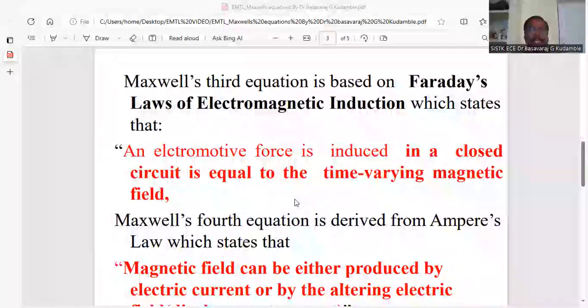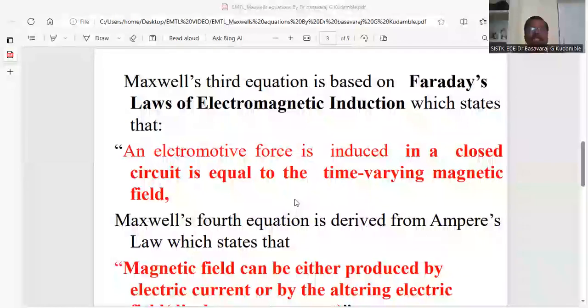Faraday said in the other way: if current can produce a magnetic field, why not magnetic fields produce a current? After conducting many experiments, he came to the conclusion that magnetic fields can produce a current.